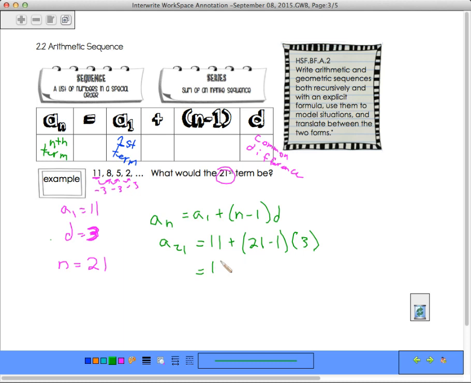So we have 11 plus, this is 20 times 3, which would give me 11 plus, oh, sorry, that was negative 3. It's going down 3. So that would be plus negative 60, or you could just write minus 60.